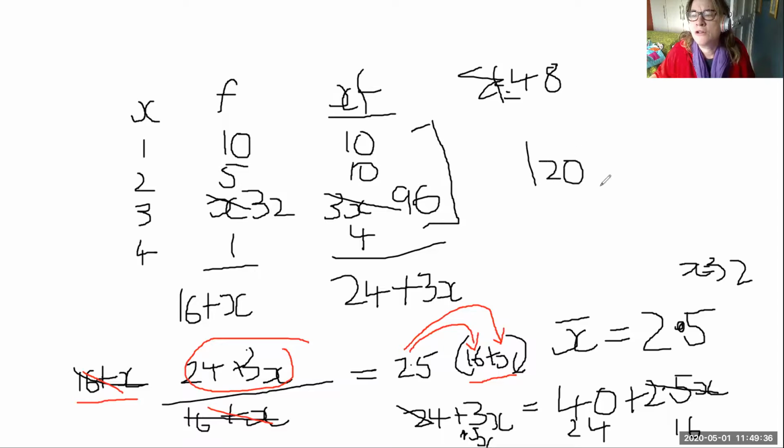So if I divide 120 by 48, just checking that again in case I've made a mistake, 20 plus 96 plus 4 is 120, divided by 32 and 10, 42, 48 is 2.5. So I got it right. So that's how you check.